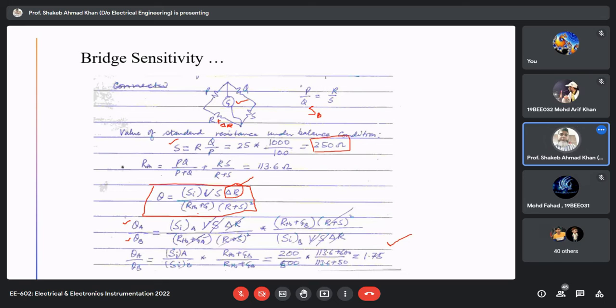I solved this problem just to show you the significance of the sensitivity expression we have derived for the Wheatstone bridge. So now if you are having any question regarding current sensitivity, bridge sensitivity of a current sensitive bridge, voltage sensitive bridge, and this numerical problem, if anybody is having any query, you can ask, please.